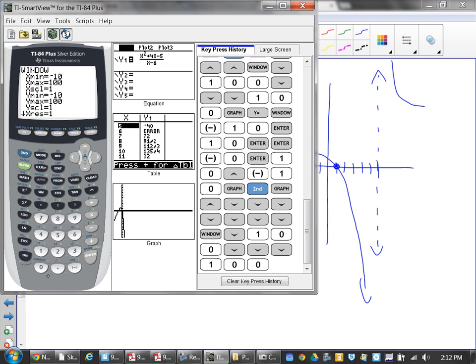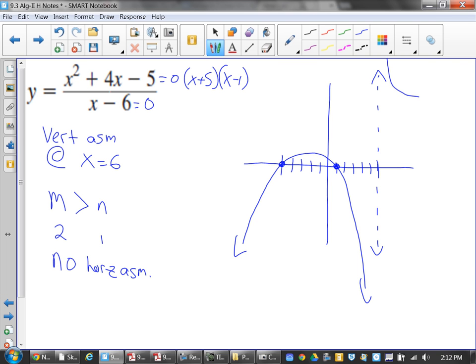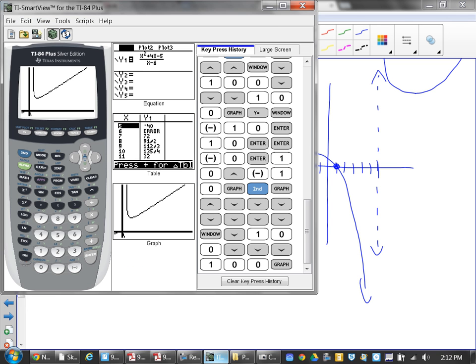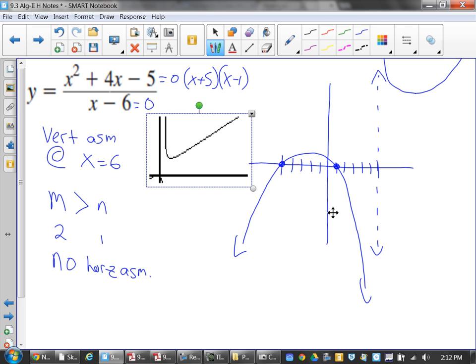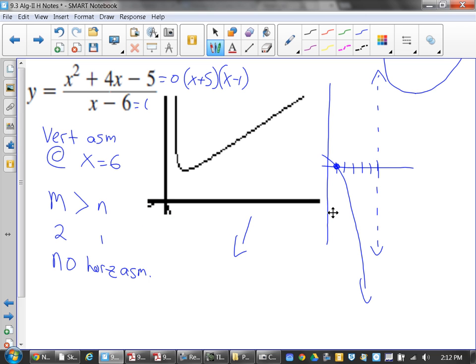Oh, that's like a big nose. And you get something a little bit like that. Now, in your graphing calculator, it probably looks a little bit cleaner than what I have up here. I am a terrible artist, but I'll get over it.